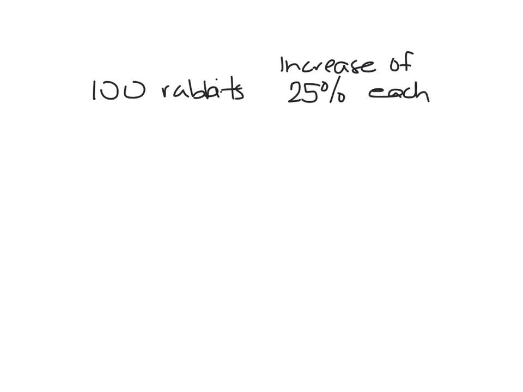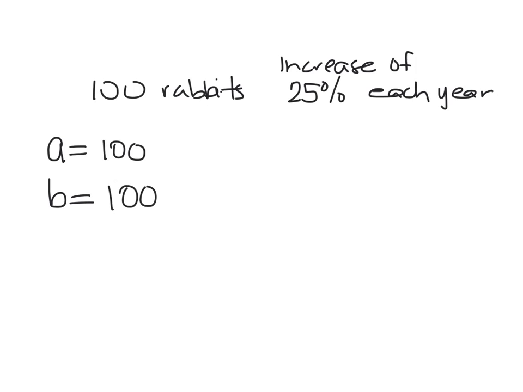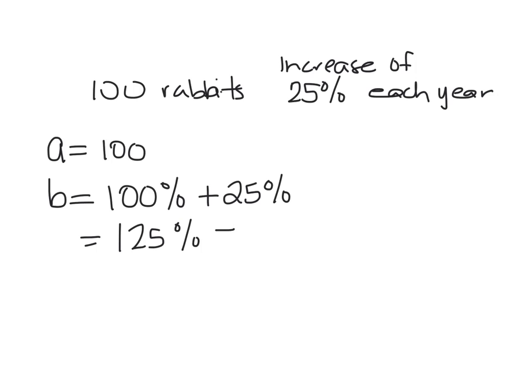We know what our start is. Our initial value is 100 rabbits, and our growth factor is the initial population, which is 100%, plus the percent increase, which is 25%. So their growth factor is 125% each year. And to write that as a decimal, it's 1.25.